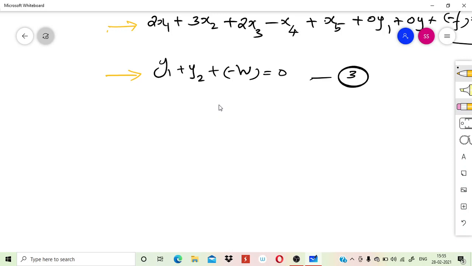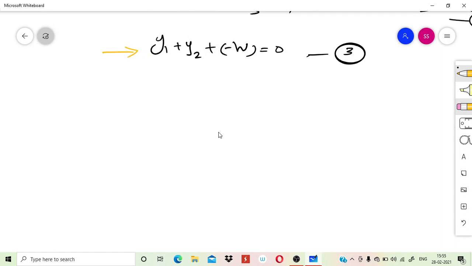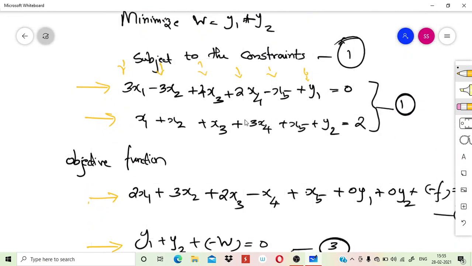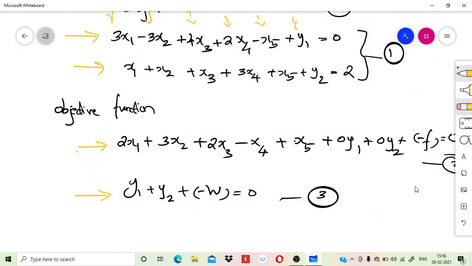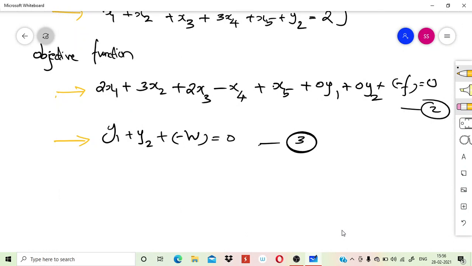So what we will do is take equation 3 minus the sum of the equations in 1.